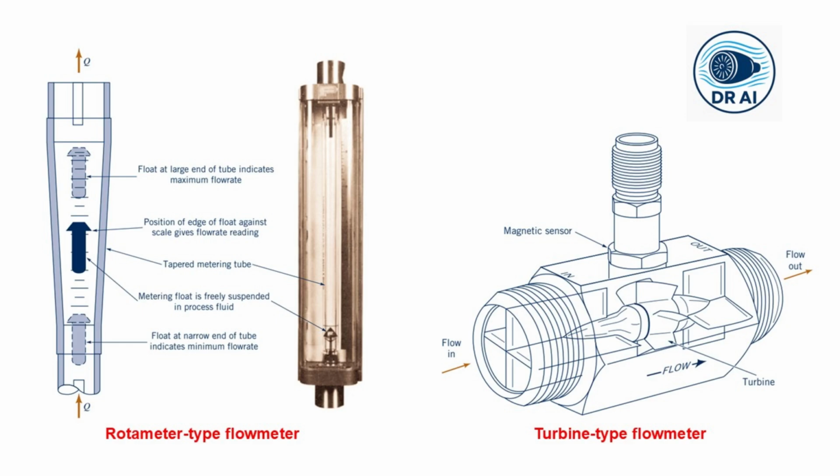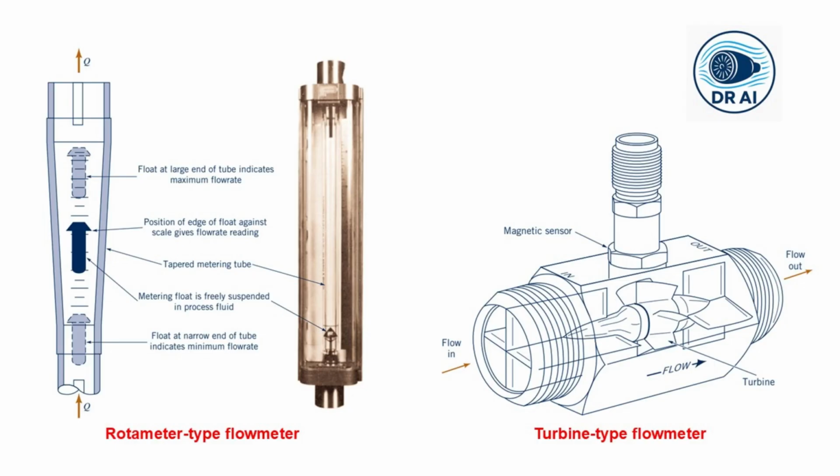The float reaches an equilibrium height where the forces on it are balanced. The weight of the float pulls it down. The buoyancy force pushes it up, and the drag force from the fluid flowing past it pushes it up. At equilibrium, these forces sum up to zero.